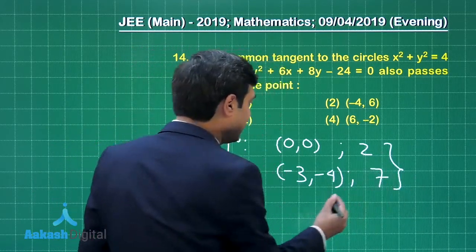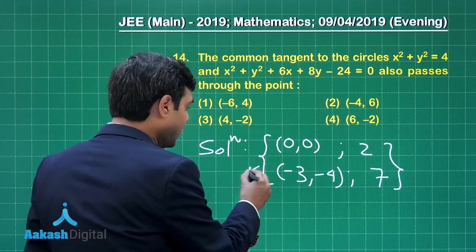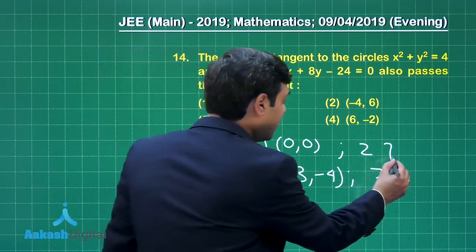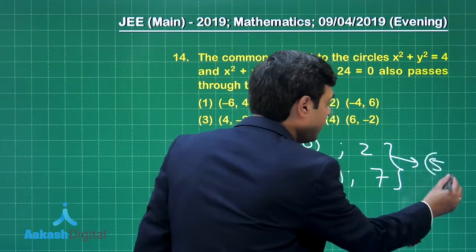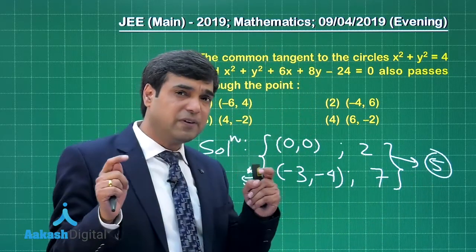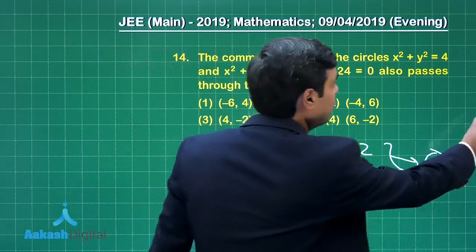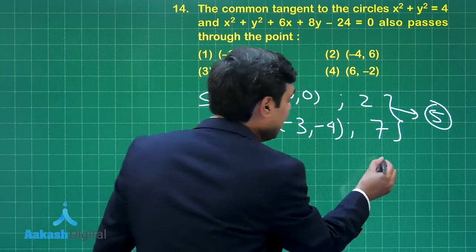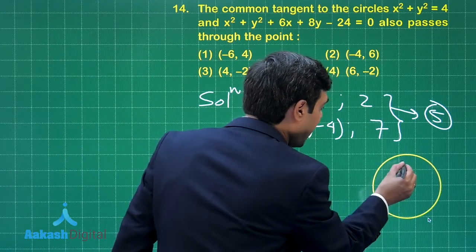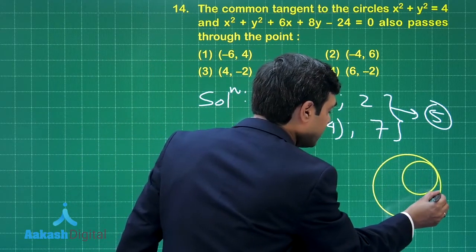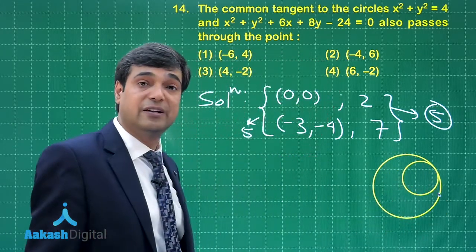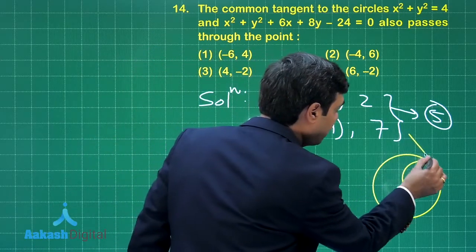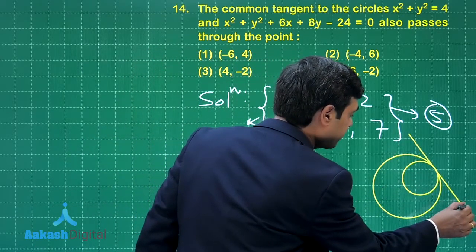From these two we can see the distance between the centers is 5 units, and the difference of radii is also 5 units. Distance between the centers is equal to the difference of radii, meaning that the circles are touching each other internally. One circle and you have the second circle. So the two circles are touching each other internally. Now you can draw the common tangent at the point of contact like this, right?